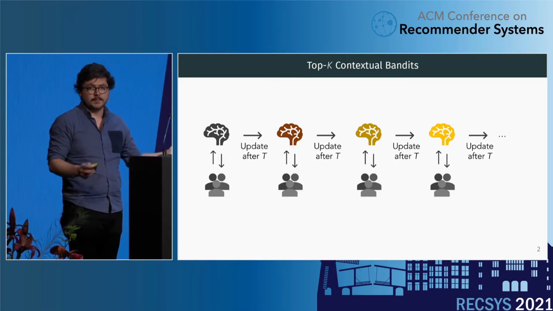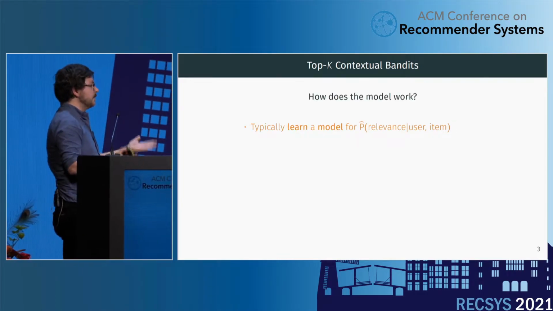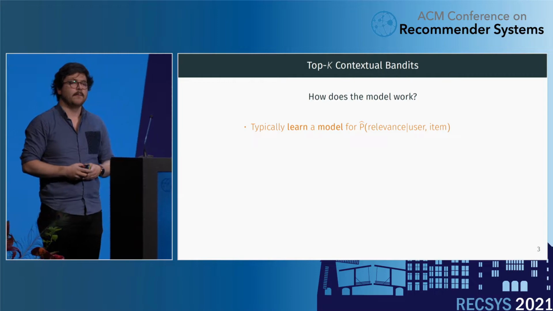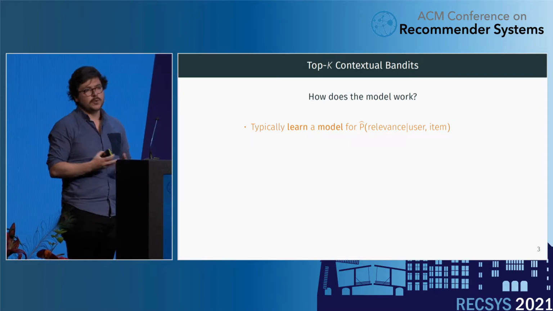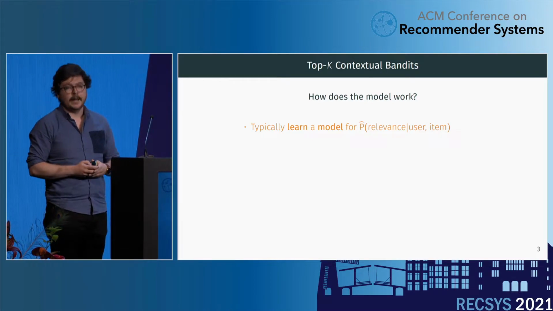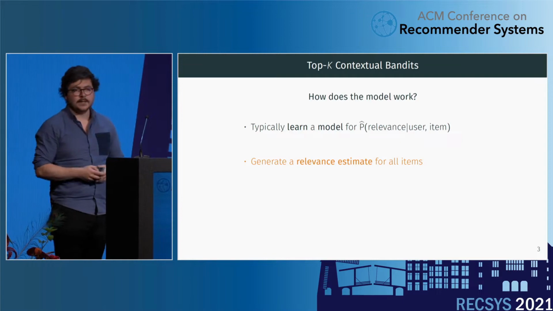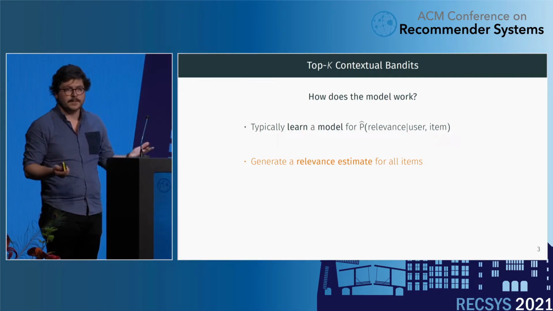But how does this model actually work? The most typical approach is that you learn a model for the probability that a user will find an item relevant. And then when a user comes to the system, we generate a relevance estimate for the entire set of items.